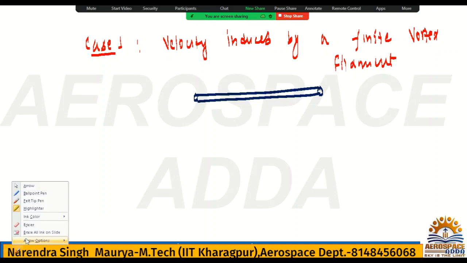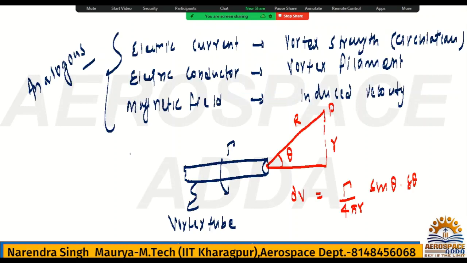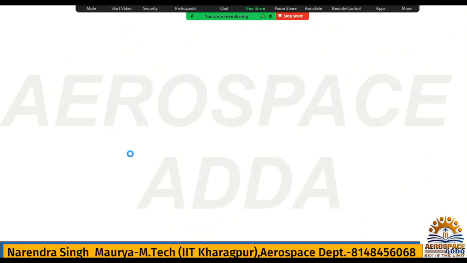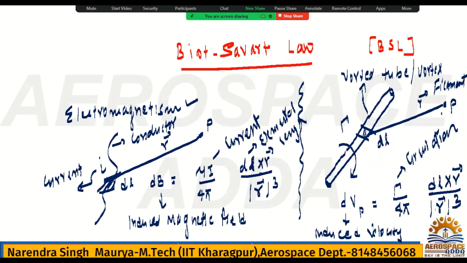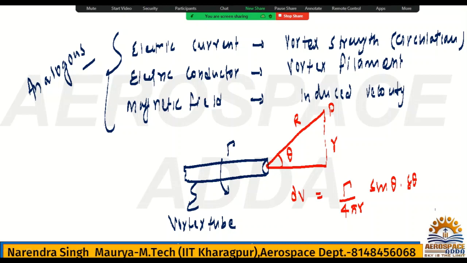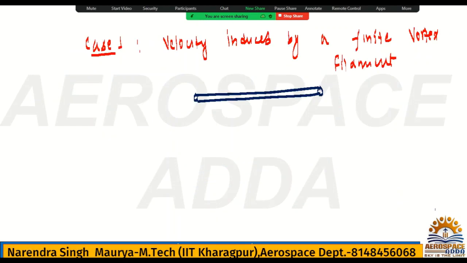See, this is the fundamental equation. As I told you, by this you can start, but the full derivation is not required here, and I'm not going to do it, it will take unnecessary time. So I will give you the diagram for the finite vortex filament and explain that part also, so it will be easy to understand. In my PDF notes I will give all the step by step derivation, so there you can understand.